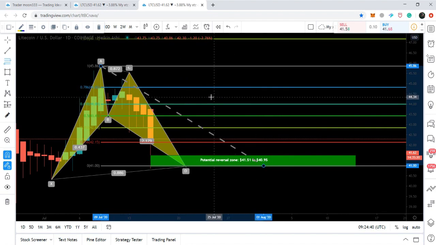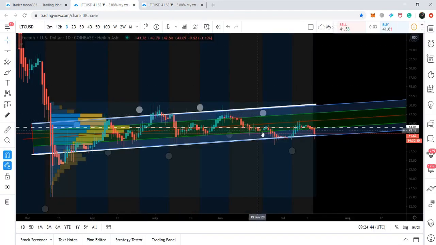And if the price action is able to cross up this level, then definitely it will start another powerful bullish rally, and it can even break out the resistance of the channel, or at least make another attempt to break out the resistance of the channel, and this time we have the resistance of the channel almost at $50.